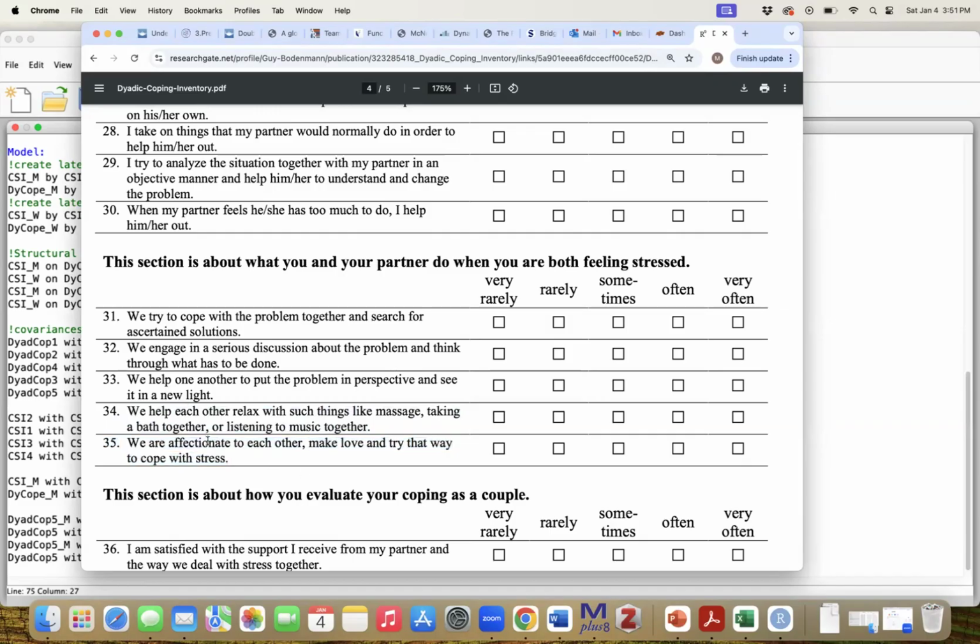And so we could view that as a different form of dyadic coping. We can conceptualize it as avoidance strategies, or it could be about physical intimacy, or it could be all of these other ways in which we can understand dyadic coping, but it isn't really connected in a close way to the way we are actually trying to conceptualize dyadic coping.